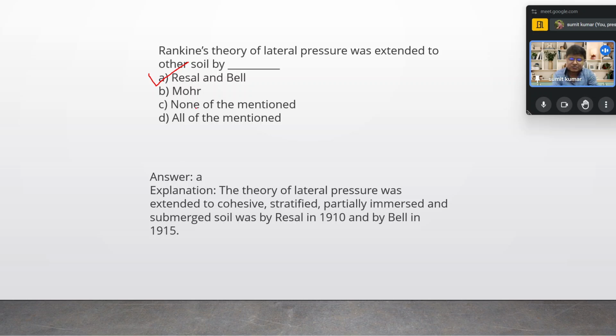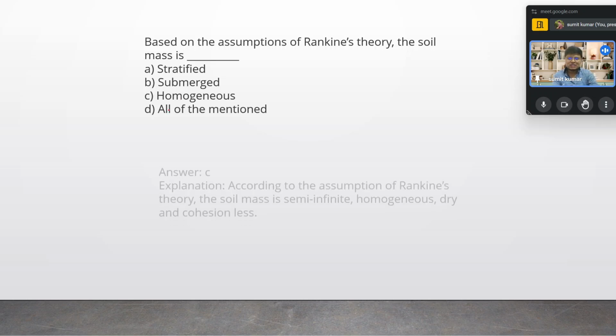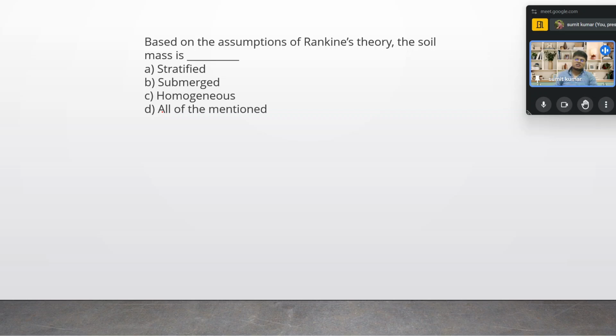As we move ahead, the next question states that, based on the assumption of the Rankine theory, the soil mass is stratified, submerged, homogeneous, or all of the above. This is a question asked from the assumptions of Rankine theory, and I have said many times earlier, and today also, that if assumptions are given, they become very important for the solution.